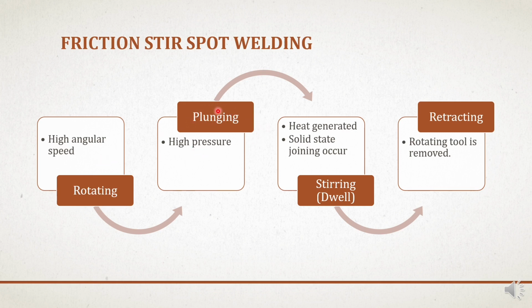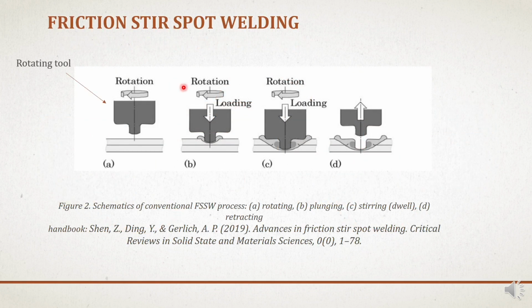After the plunging process, the stirring process occurs, where heat is generated, and so solid state joining occurs in this process. After that, the rotating tool is removed from the workpiece. As we can see in this figure, the rotating tool rotates at angular speed, then plunges into the workpiece. This is the stirring process where solid state joining occurs, and the rotating tool is removed from the workpiece.